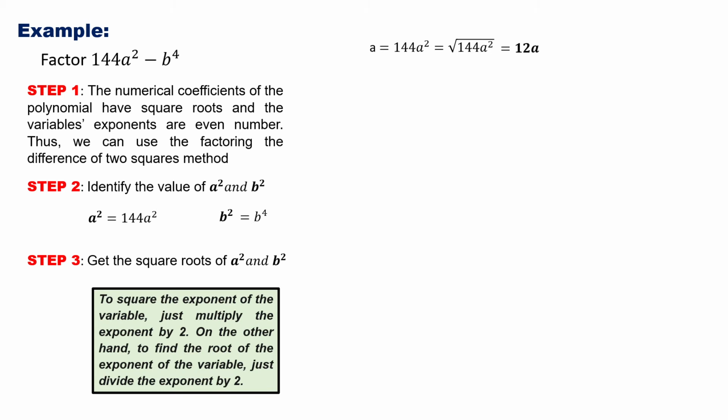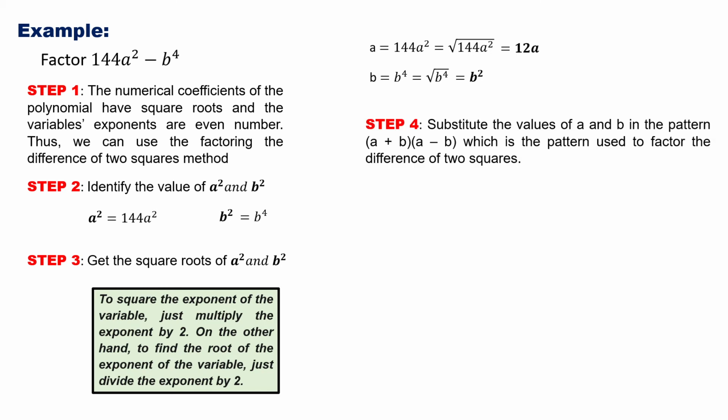Next, for the value of our b, let's get the square root of b raised to the power of 4. Again, to get the square root of a variable, just divide its exponent by 2. So b raised to the power of 4 becomes b raised to the power of 4 divided by 2, and 4 divided by 2 is 2. So the new exponent is 2, and it becomes b squared.